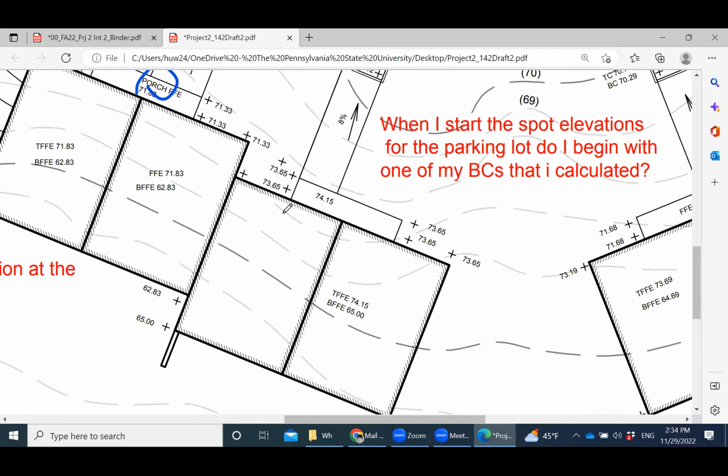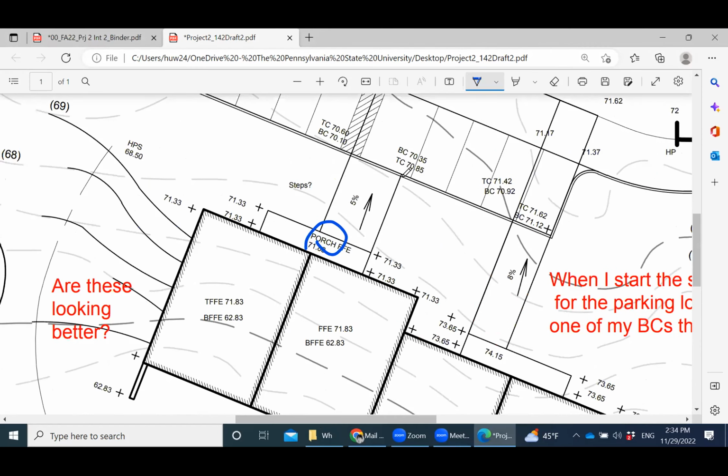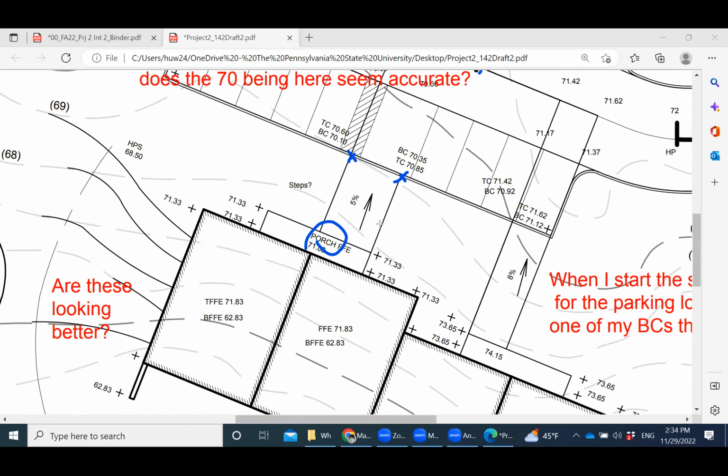Here, right? You would work on the contours first. For instance, the TC equals 70.85 and 70.6 over here, right? So the slope along this side will be different from the slope on this side. And then here you have 2 spots.